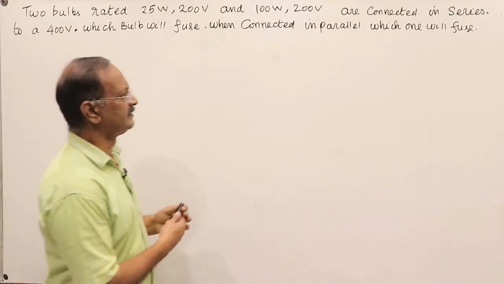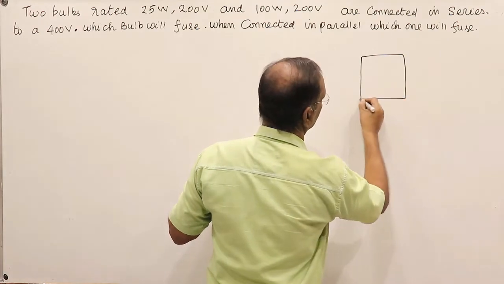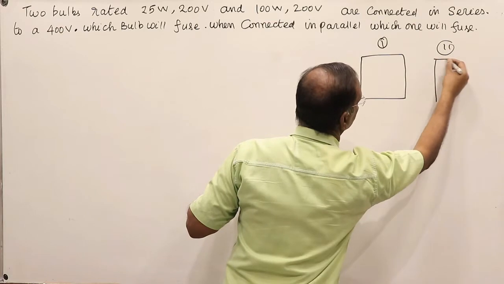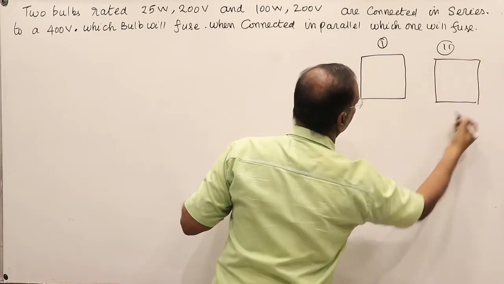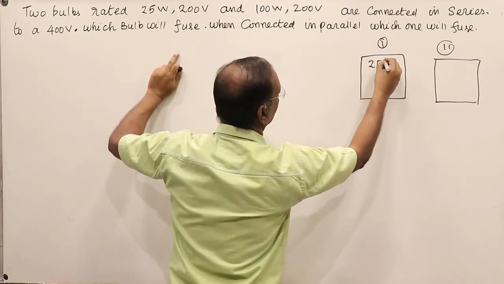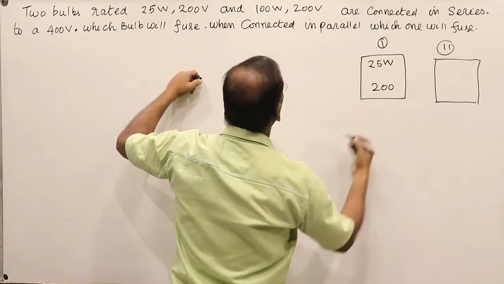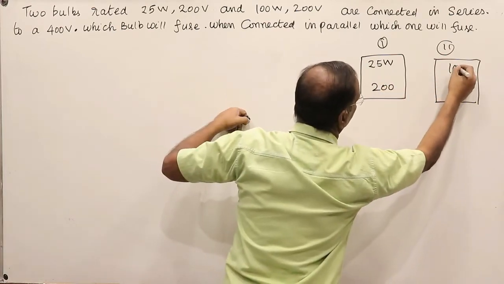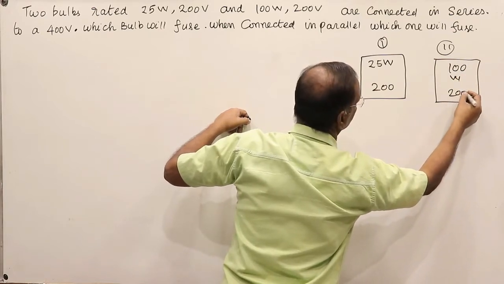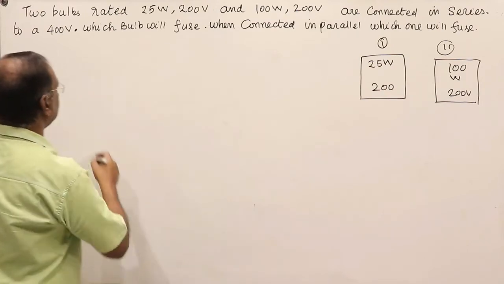Let us take two bulbs, bulb number 1 and bulb number 2. Bulb 1 is rated 25 watt, 200 volt, and the second one is rated 100 watt, 200 volt. So let us find out the resistance.